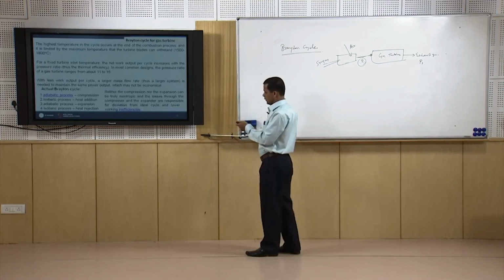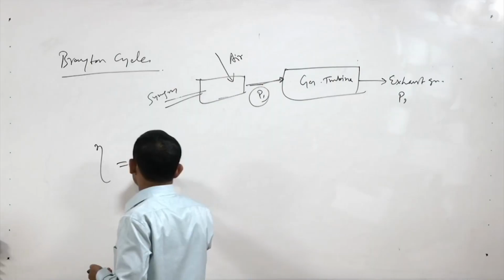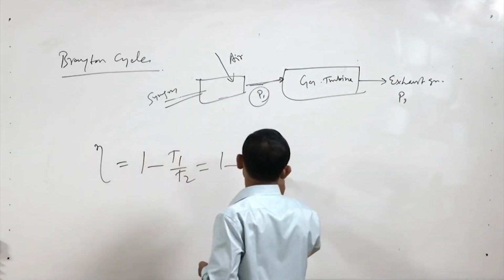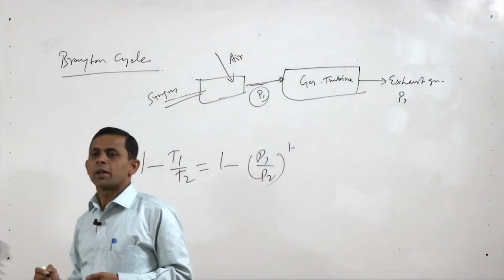The efficiency of this process is equal to 1 minus T1 by T2, which is equal to 1 minus P1 by P2 to the power of (1 minus gamma) by gamma.